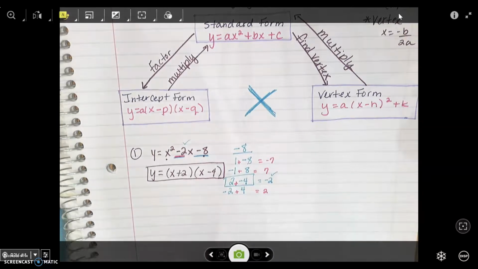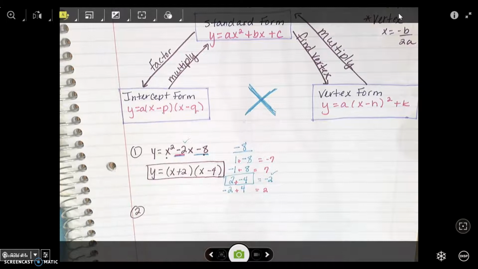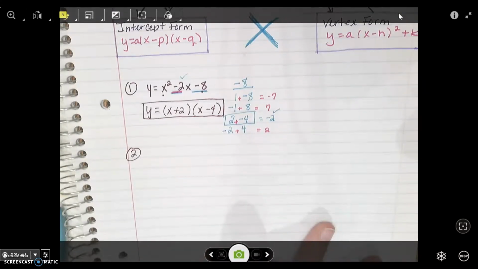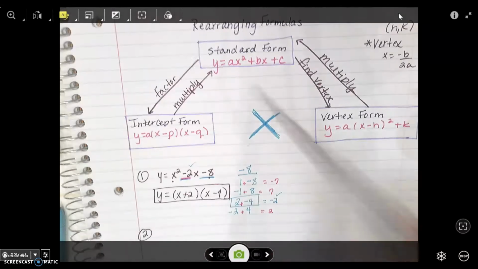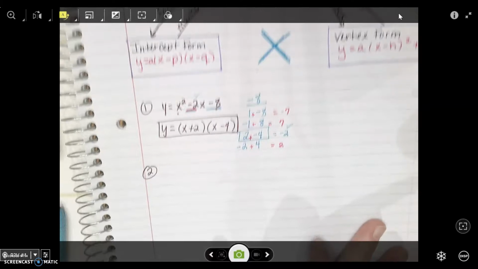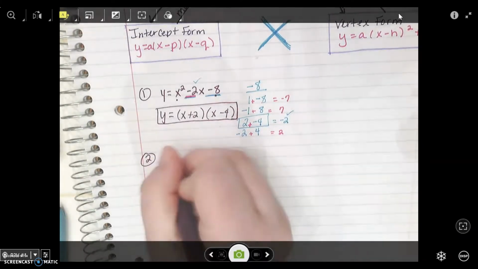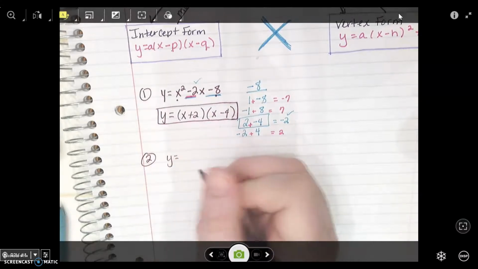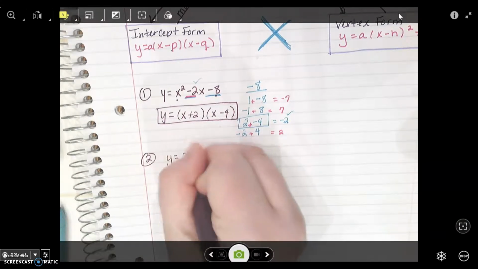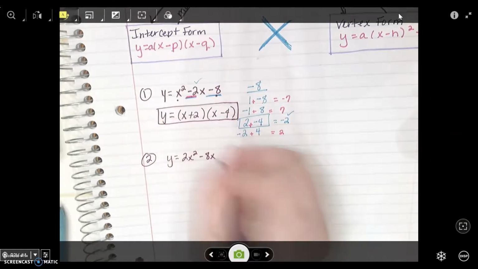Okay, so let's do one more, just so you're familiar with this process. Again, we are going from standard form to intercept form. We have to factor. That's something you just learned how to do. Okay, so the next example I want to do is y equals 2x squared minus 8x plus 6.